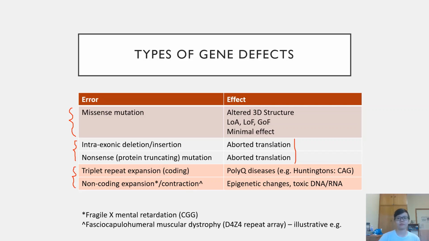they are somewhat related, with the triple repeats in the coding region, like Huntington's, which is CAG, and you have in the non-coding region, which is your Fragile X, which is your CGG, and the contraction here is referring to this very long disease name, which I'm not going to read out.